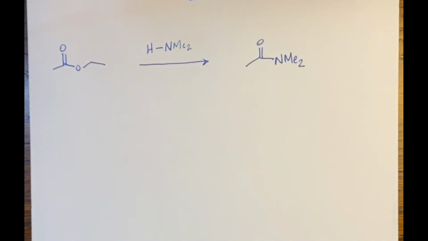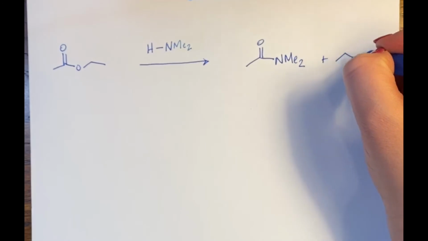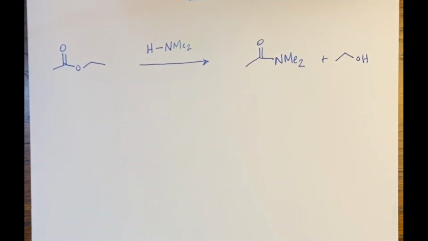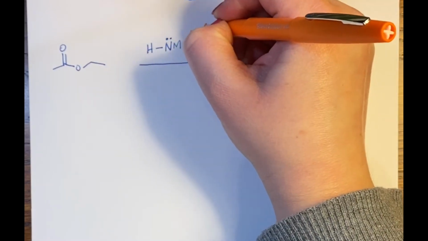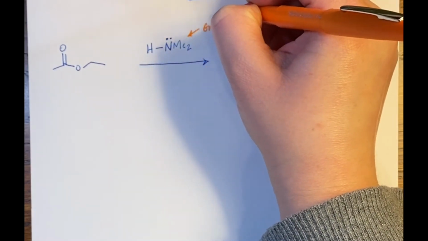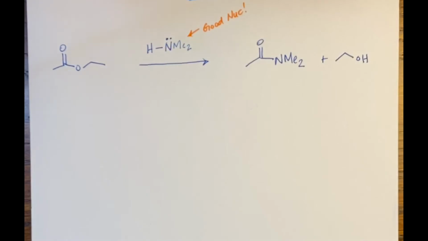The other product that we're going to get out of this reaction is also the alcohol that's going to be lost from our original ester starting material. So in this reaction, our amine is a very good nucleophile. That means that it can directly react with the ester.